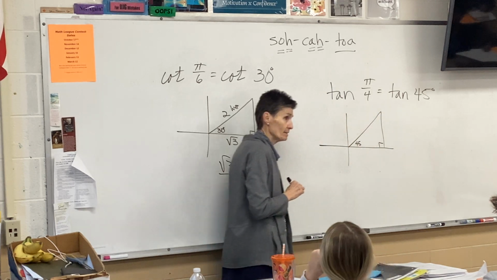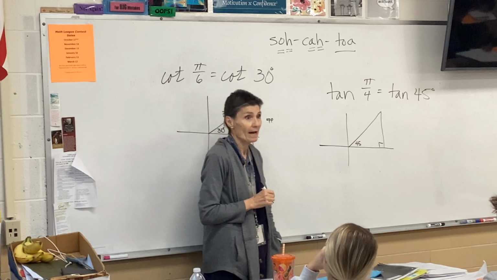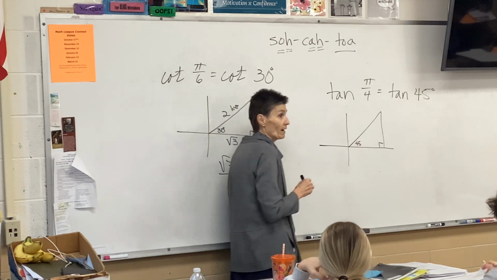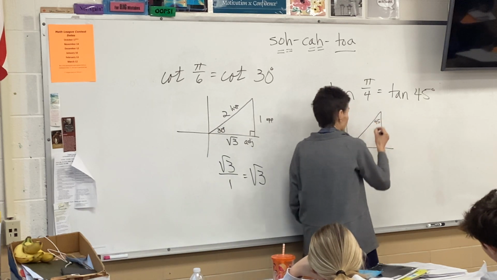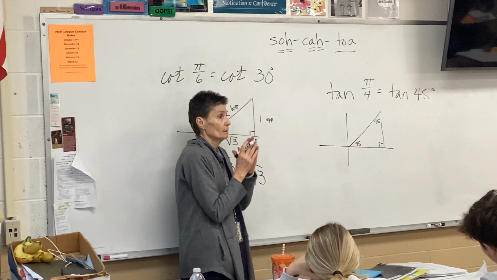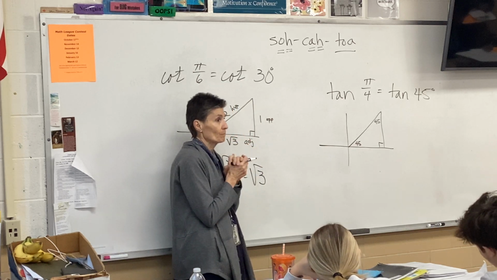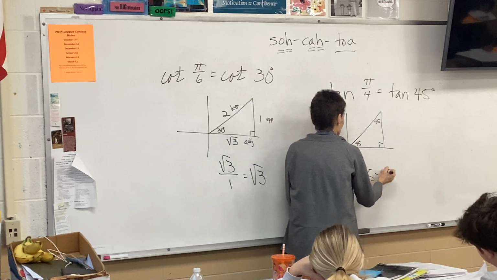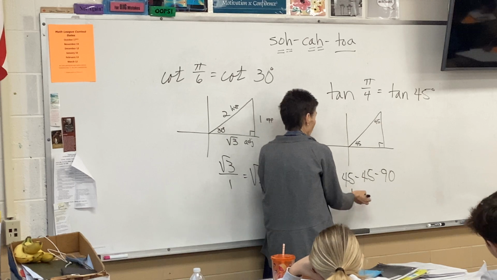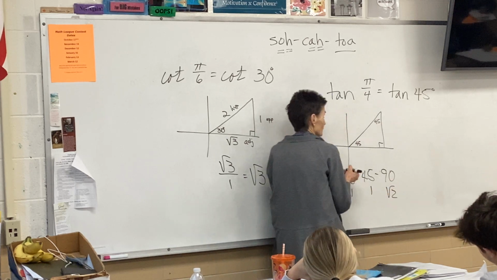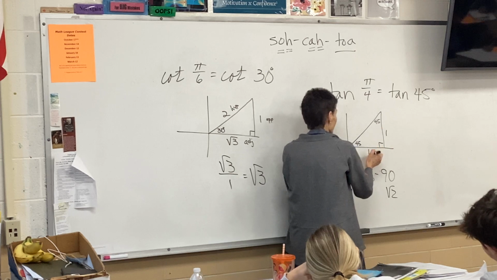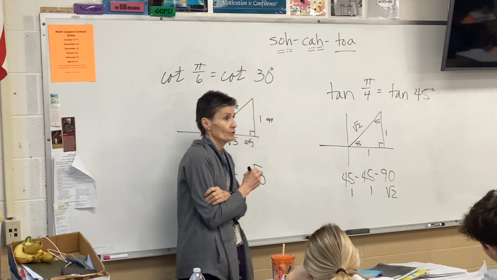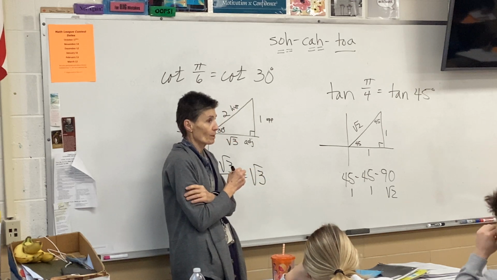The difference is, what kind of triangle is that? 45, 45, 90. And so my ratios are different than a 30, 60, 90. For a 45, 45, 90 triangle, the sides are 1, 1, root 2. So across from the 45s are 1s, and the hypotenuse is root 2. It's called an isosceles right triangle.